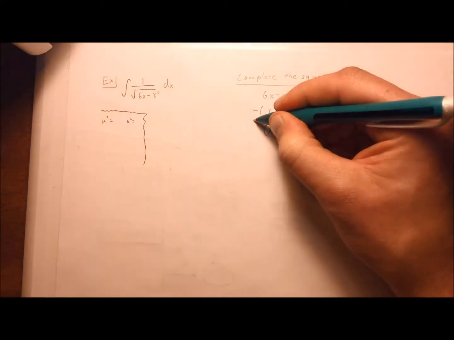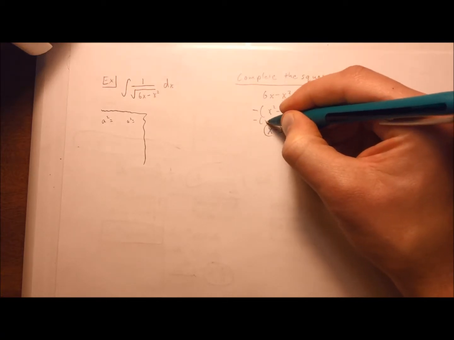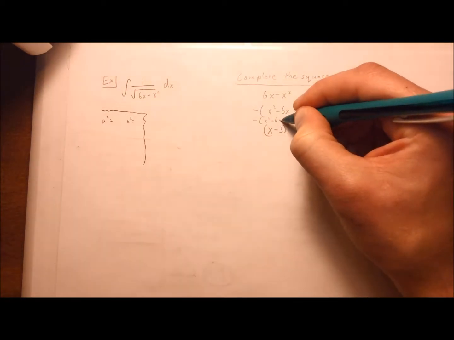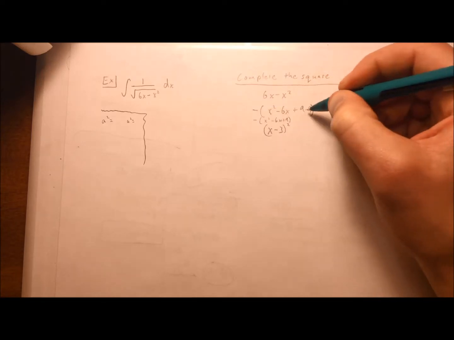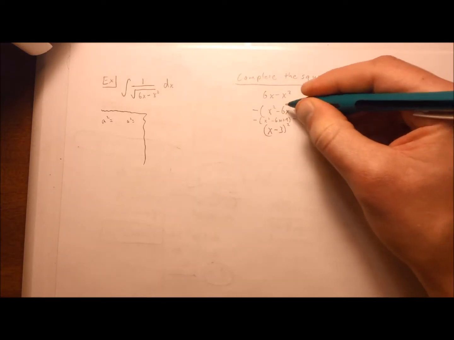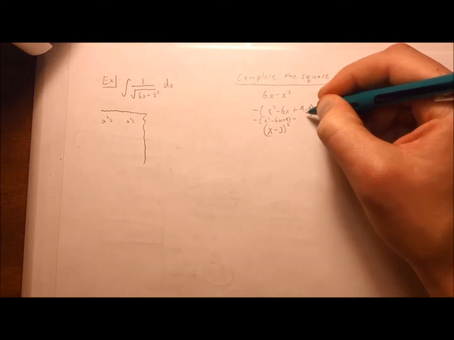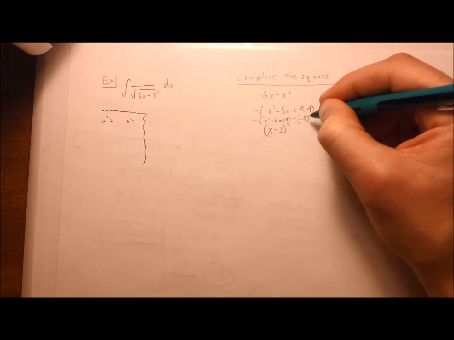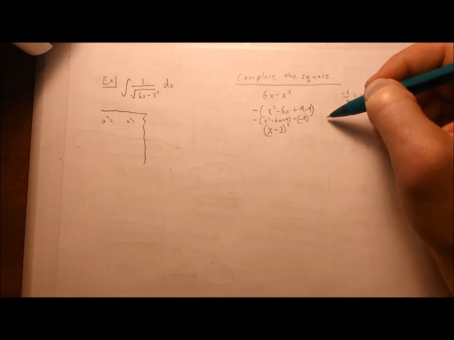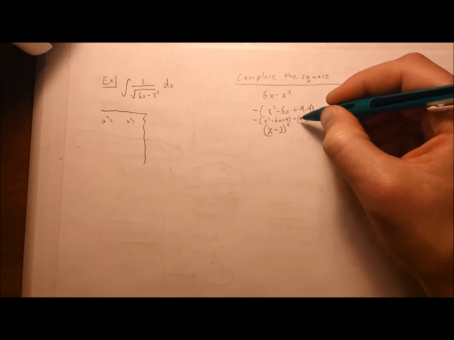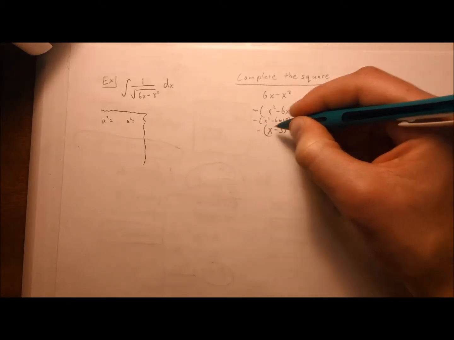But in doing that, I'm going to break it up into two parts. Negative x squared minus 6x plus 9. Then once I minus negative 9. Remember that negative sign carries through there. So those two negatives are actually going to make this positive.